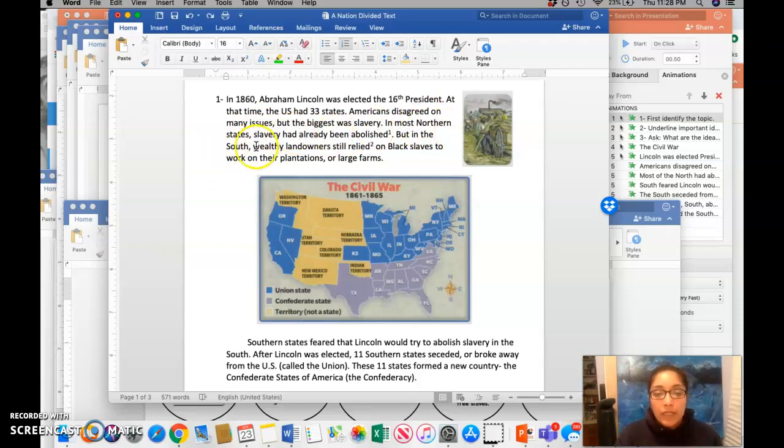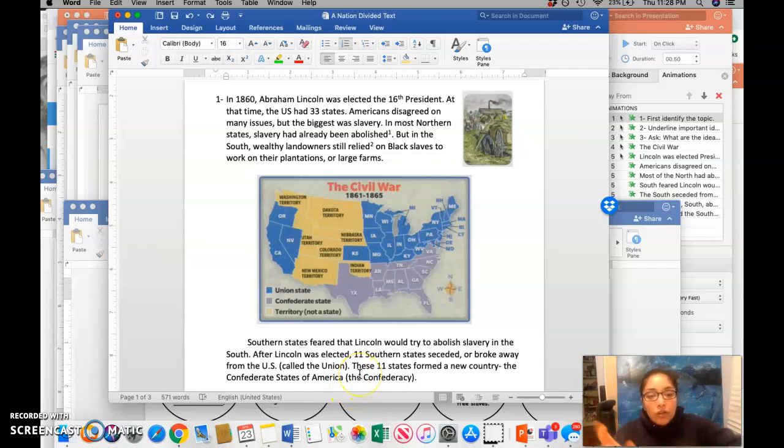In most northern states, slavery had already been abolished. But in the South, wealthy landowners still relied on black slaves to work on their plantations or large farms. Southern states feared that Lincoln would try to abolish slavery in the South. After Lincoln was elected, 11 Southern states seceded, or broke away from the U.S., called the Union. These 11 states formed a new country, the Confederate States of America, the Confederacy.